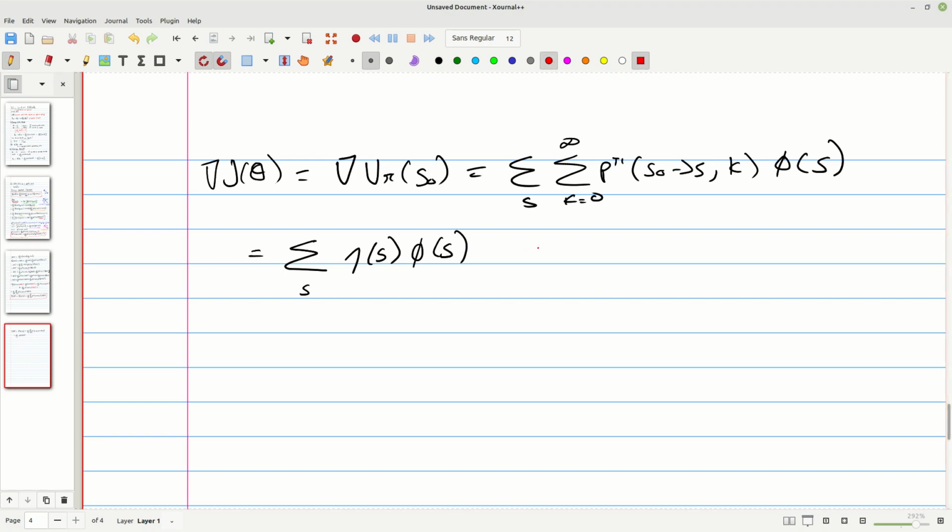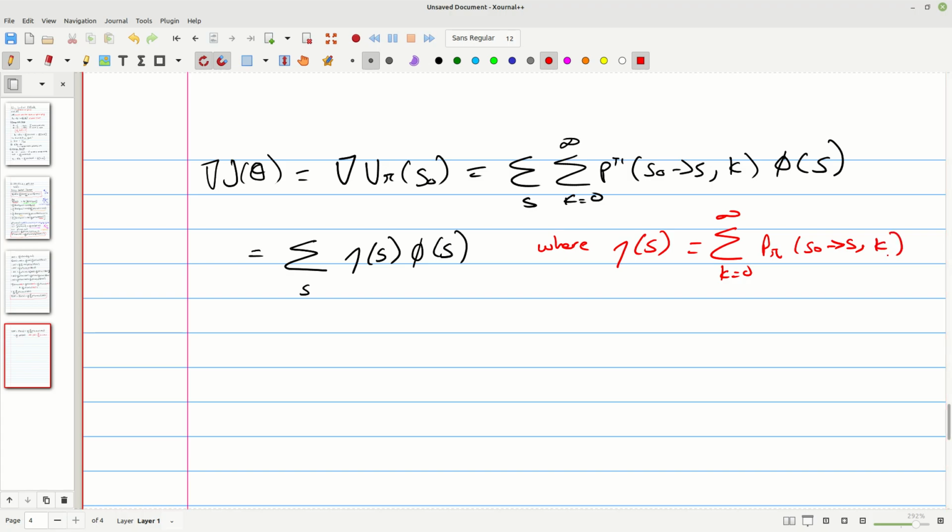I don't know what the Greek letter this is, but anyway, you get the point, where this term is equal to the summation from k equals 0 until infinity of p pi from s0 to s in k steps.